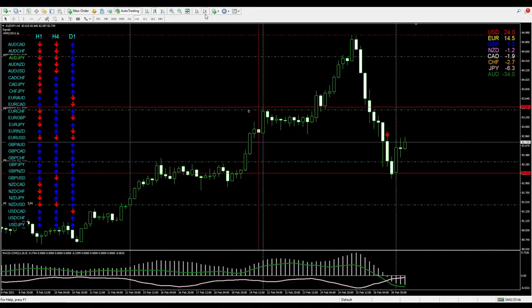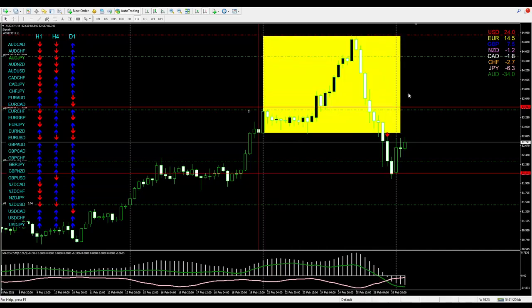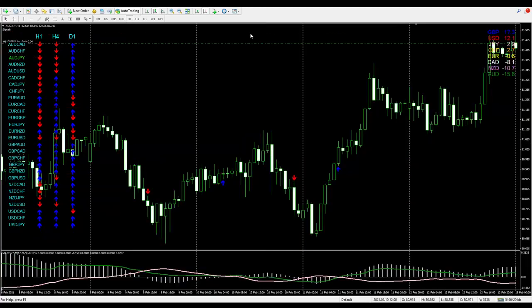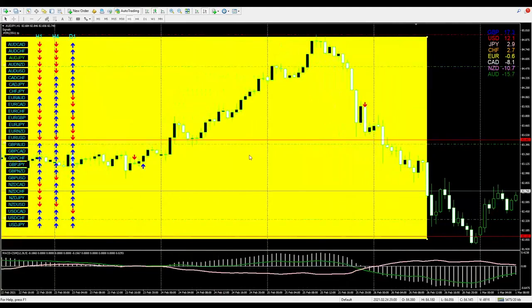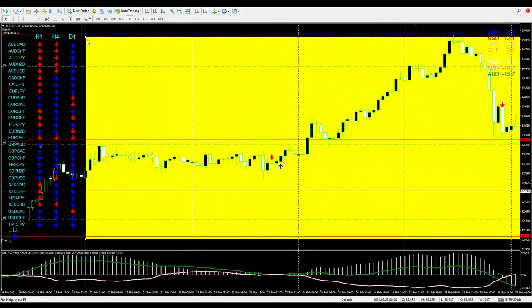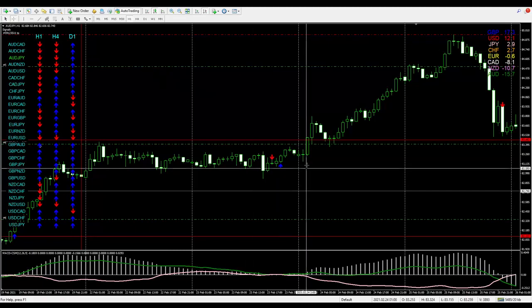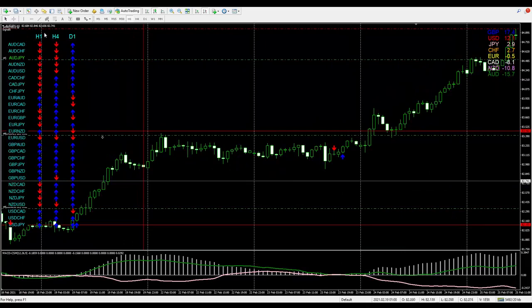For H4, the buy signal would be only around here. So for H1, let's check H1. If you would plot the Fibonacci level, actually it would be like this.